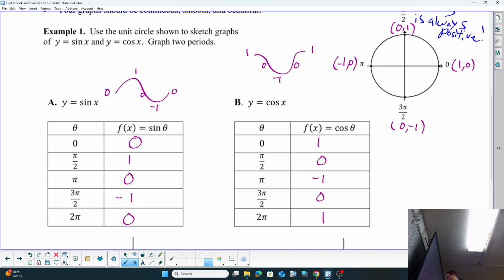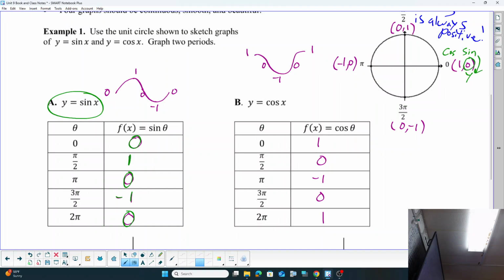So again, if we think about sine as being 0, 1, 0, -1, 0. Remember it goes cosine and then sine. So sine is the y values.